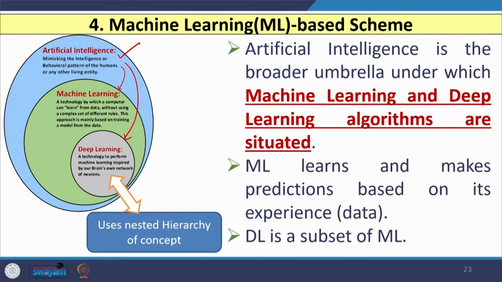Machine learning learns and makes predictions based on its experience, past history or some data, whereas deep learning is also a subset of machine learning algorithms.